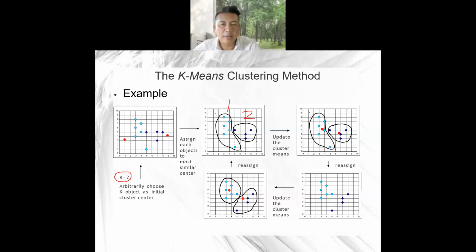So the new center moves from here to here, and then from here to here, depending on the result of your first stage of clustering.